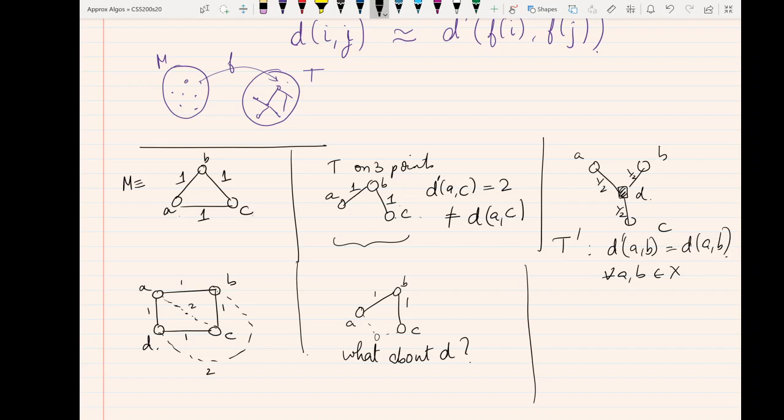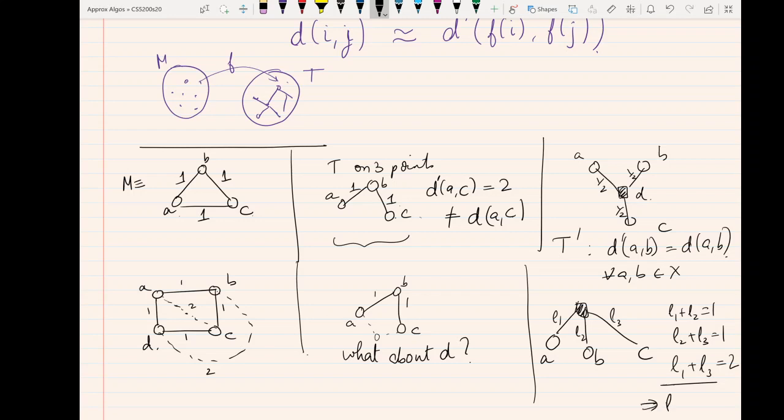Similarly, if you try the trick of this side, that is you introduce this extra vertex and then you write this as A, B and C, already this reaches a problem, because let us say these lengths were L1, L2 and L3. What you want is L1 plus L2 is equal to 1, L2 plus L3 equal to 1, but you want L1 plus L3 is equal to 2, which seems to be impossible unless you have the middle L2 equal to 0.